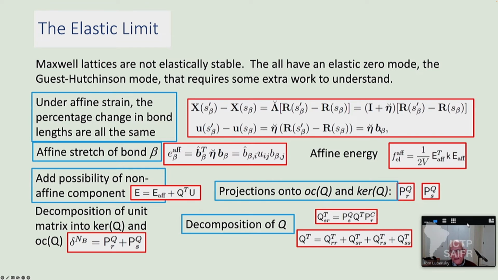It's the bond vector of the bond B. And the affine distortion then comes from dotting that in.